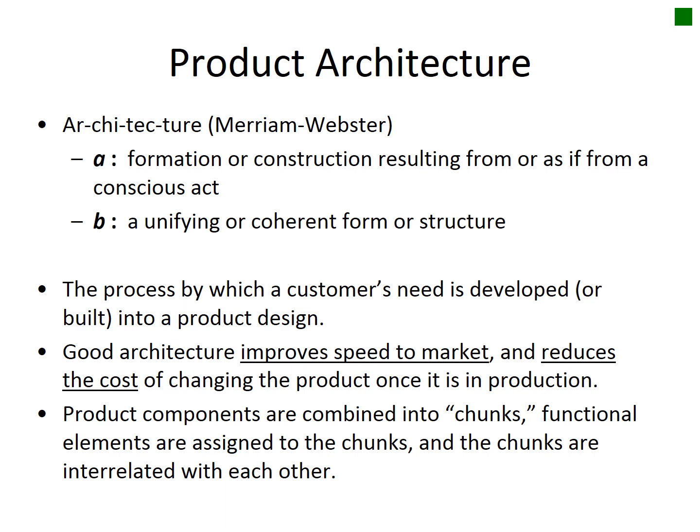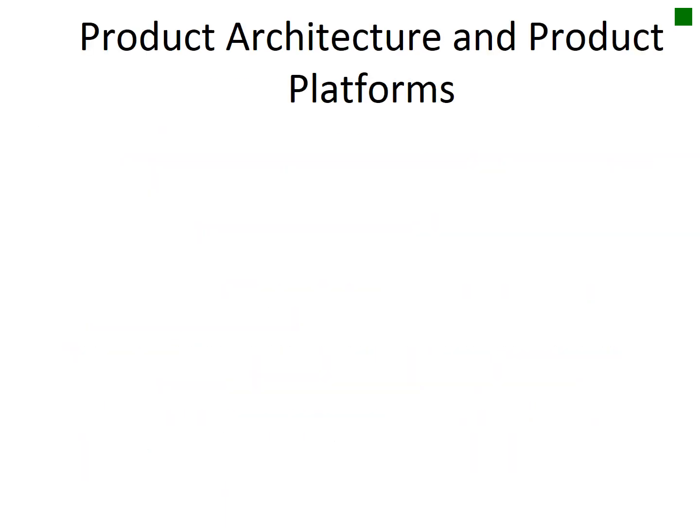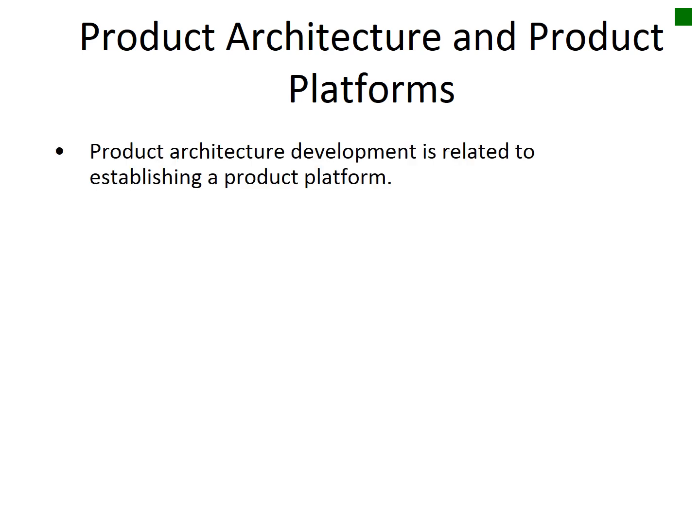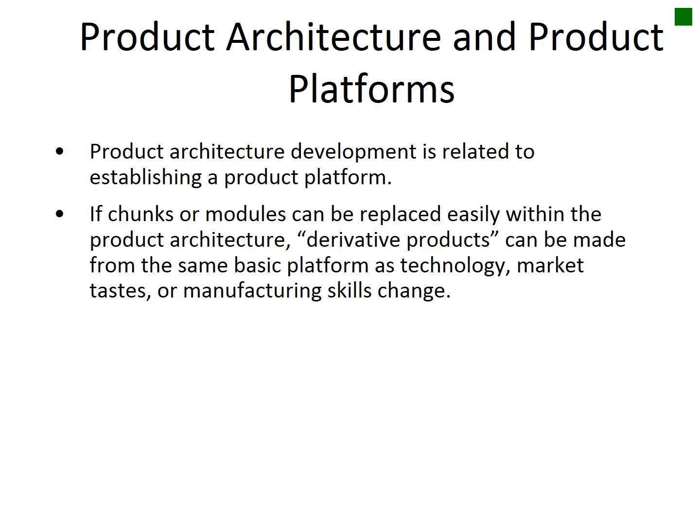So that's what we think about when we think about product architecture, and sometimes we develop this a little bit further and develop what we call a product platform. So product architecture development's related then to different sub-assemblies or modules or chunks that can be replaced easily within the product architecture.